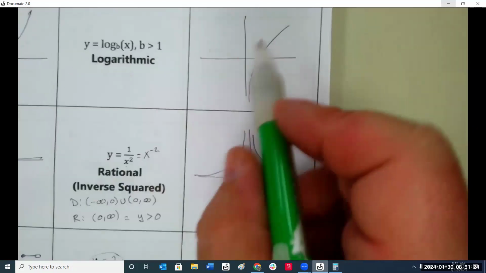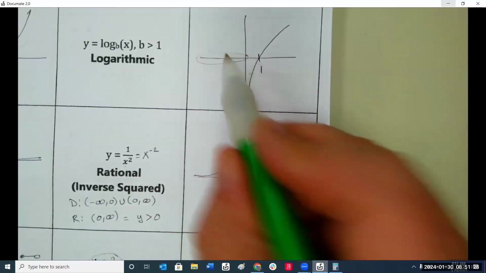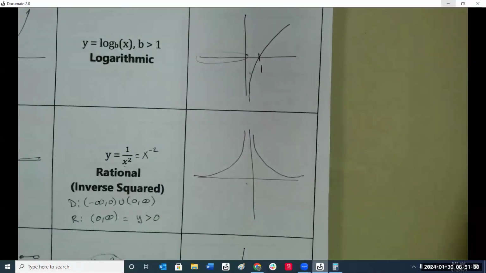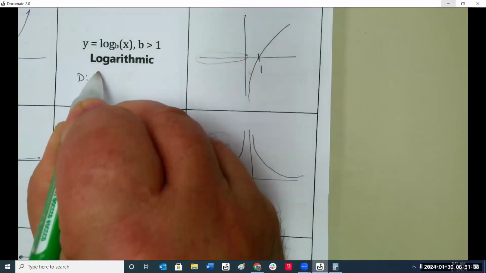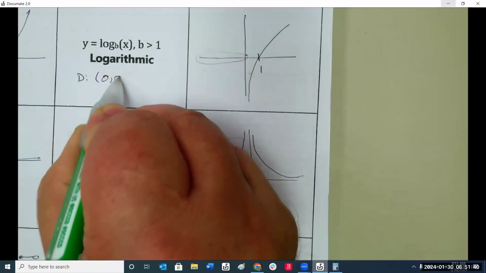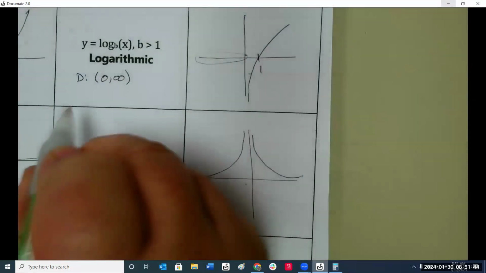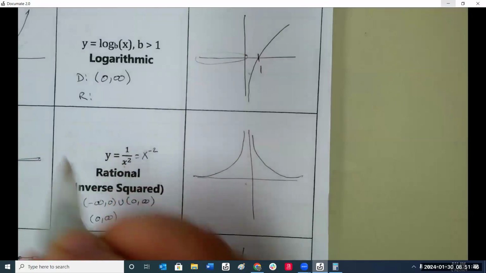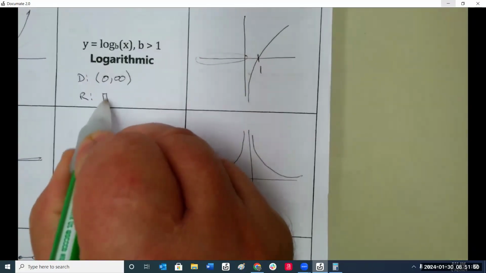Logarithmic functions, you cannot input zeros or negatives. So the domain is simply from 0 to infinity. The range goes from negative to positive infinity, so it's all real numbers.